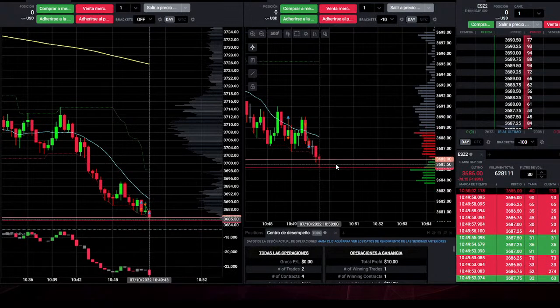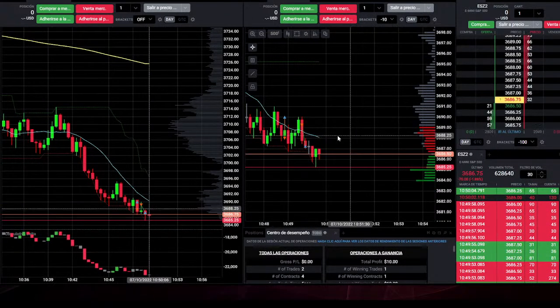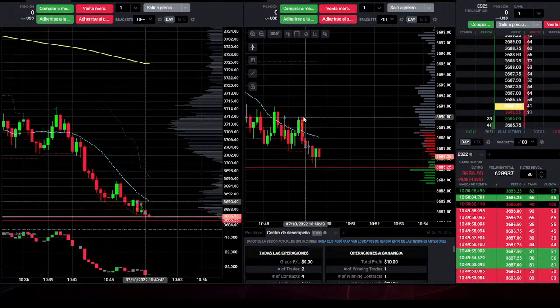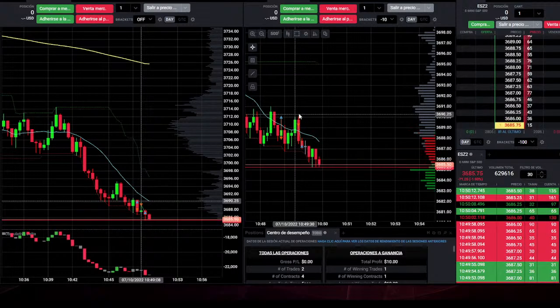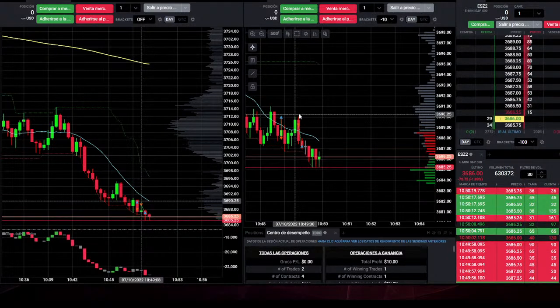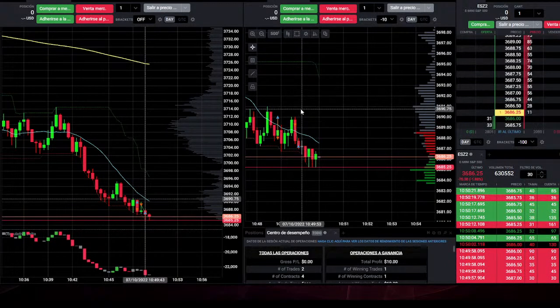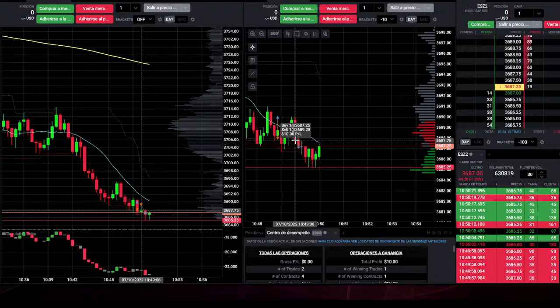Now we are break even because there was one that was not good. But this is a trade that I really like because, for me, it's quite good in terms of percentage. If you make this trade 60-70% of the time, you're going to be profitable. Okay, that's the idea.